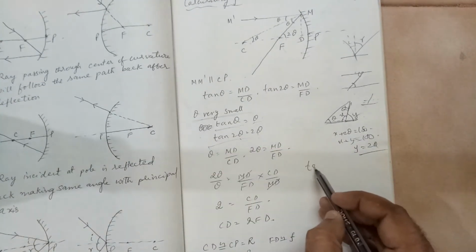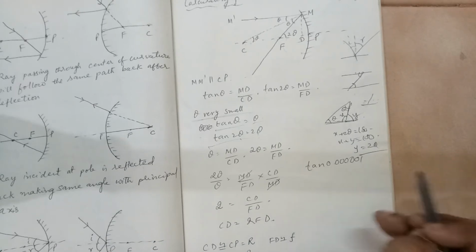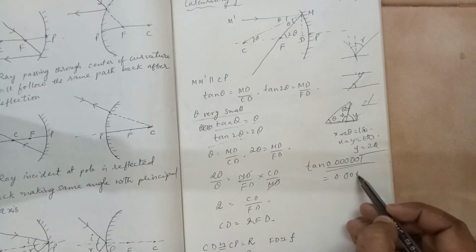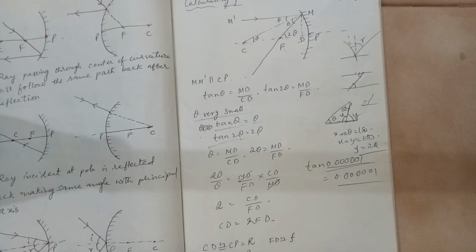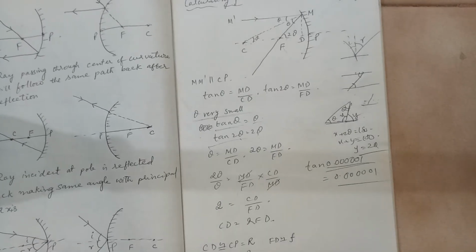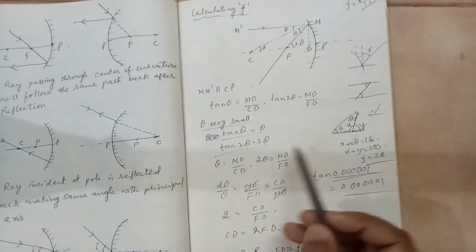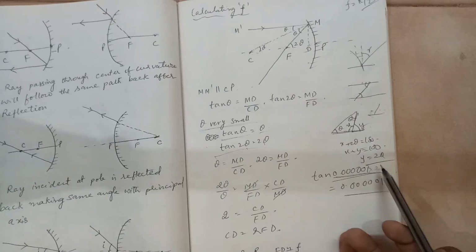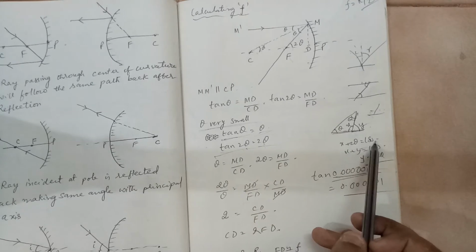It only means that tan of 0.000001 is approximately this value only. Put it in the calculator and see. This will be taught in maths also when you study the limits concept. So if this angle is very small, you multiply with 2, even that is also very small. Tan theta is equal to theta, tan 2 theta is equal to 2 theta.